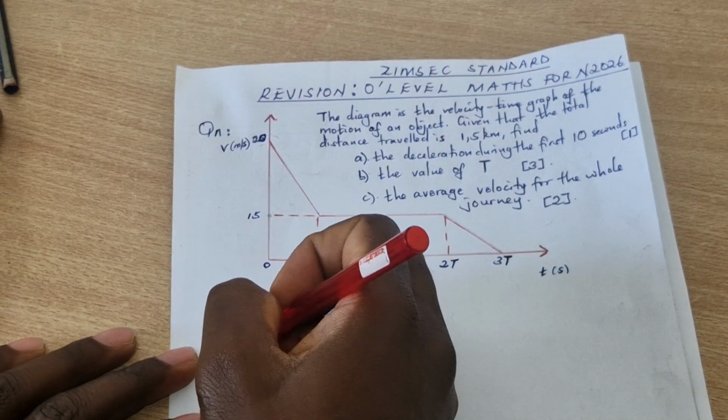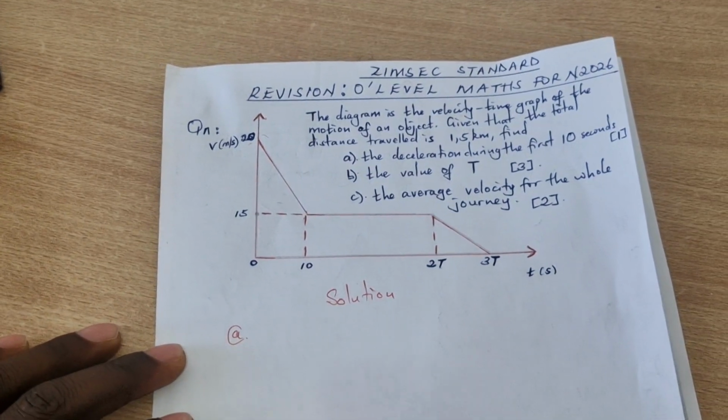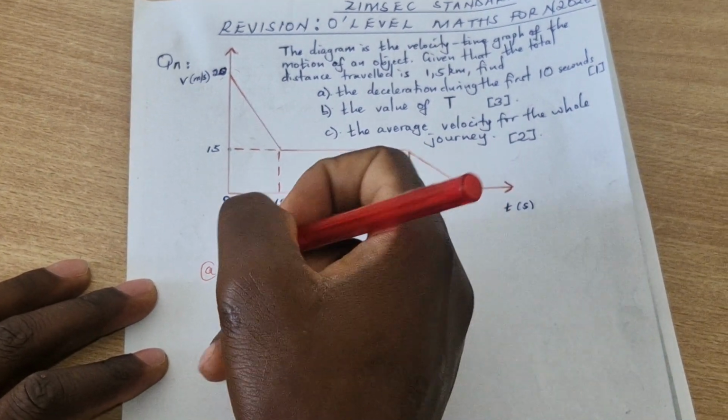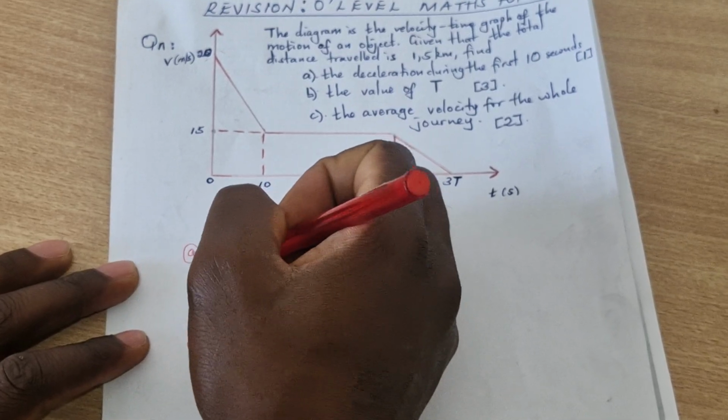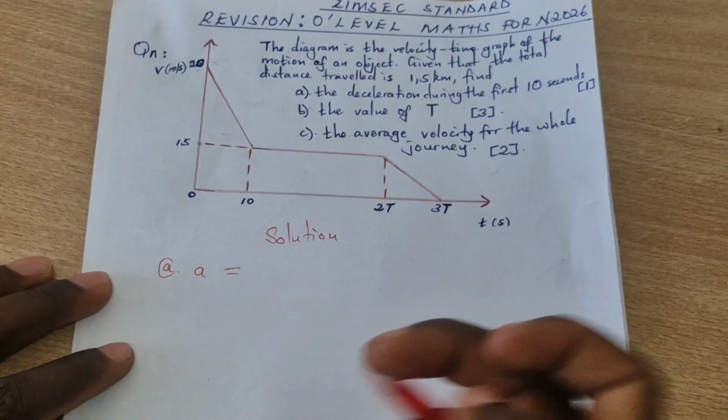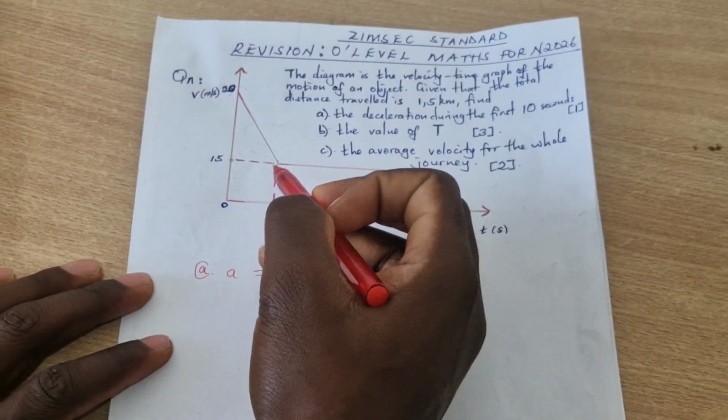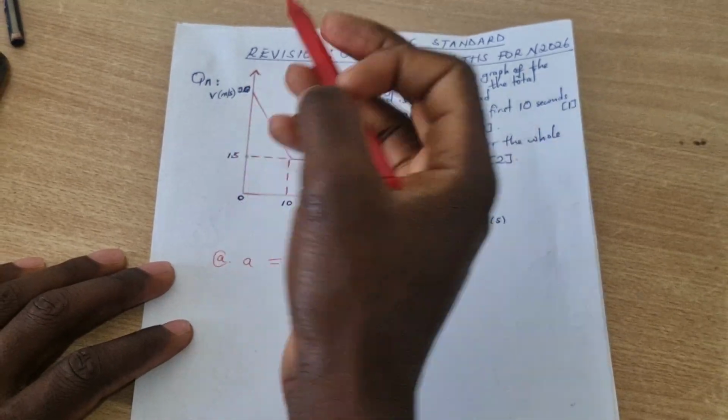Okay, on part A, to calculate deceleration is like acceleration. We say the final velocity minus the initial velocity.